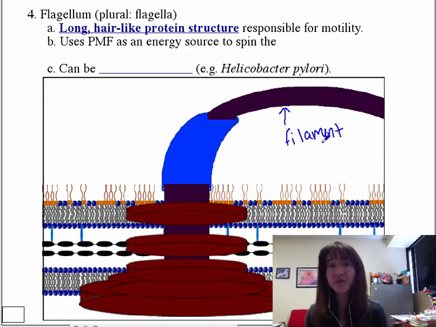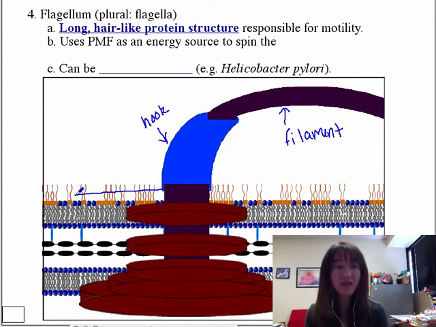Further, this structure can be broken down into what's called the hook. And then lastly, this very basal structure that's embedded in the cell wall and membrane. And this is called, together, collectively, the basal body. So hook, filament, and basal body comprise the flagellum.